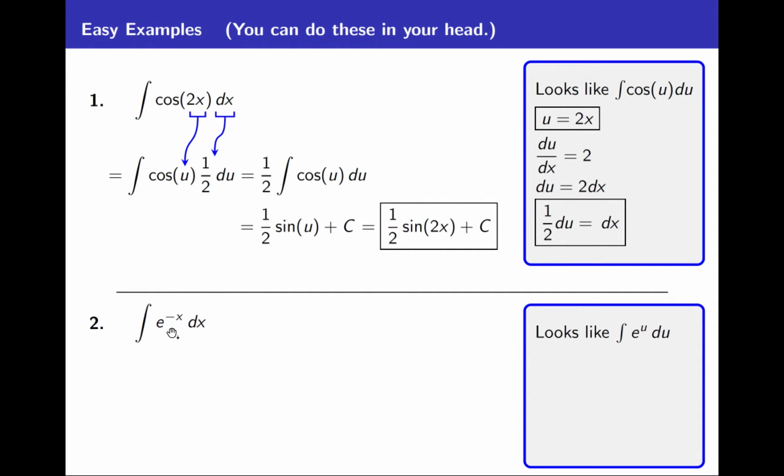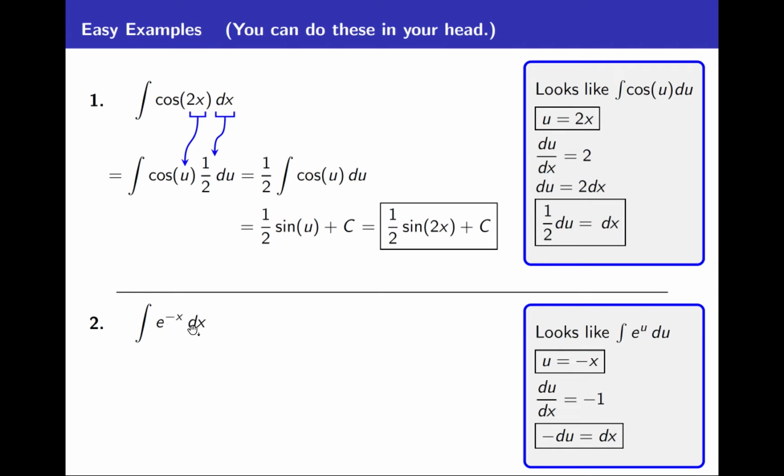So this integral looks like the integral of e to the u du, where u is equal to minus x. So du dx would be equal to minus 1. And multiplying both sides by dx, we get minus du equals dx.